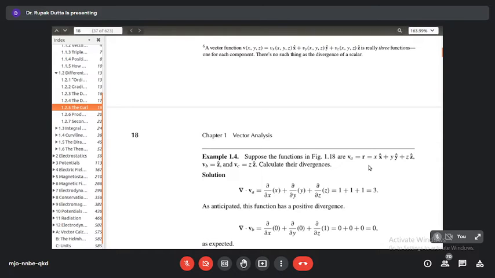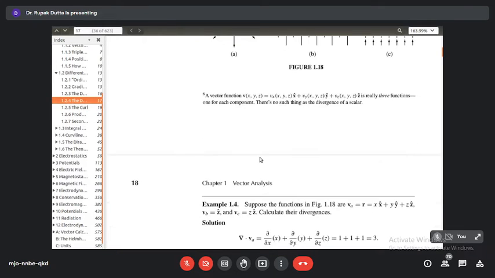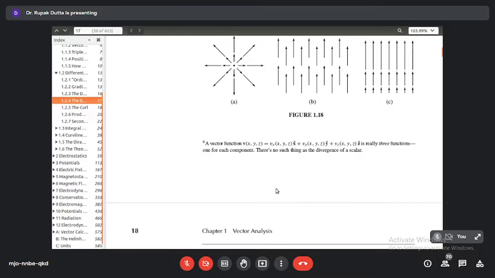Minus 2 is greater than minus 1 or less than minus 1? Less than. Minus 2 is less than minus 1. So in this case, if it is minus x and you increase x, the magnitude is decreasing, right? So that is why that will also be a negative divergence, right? Okay, clear? Clear, sir.